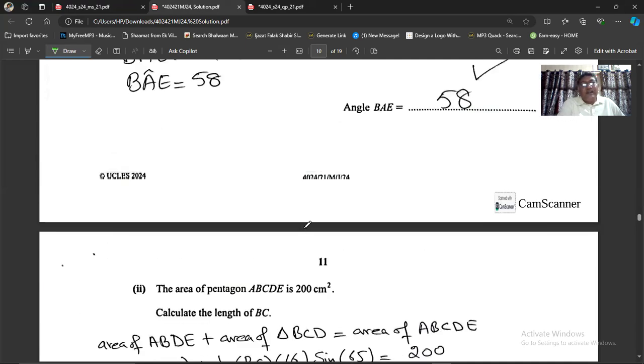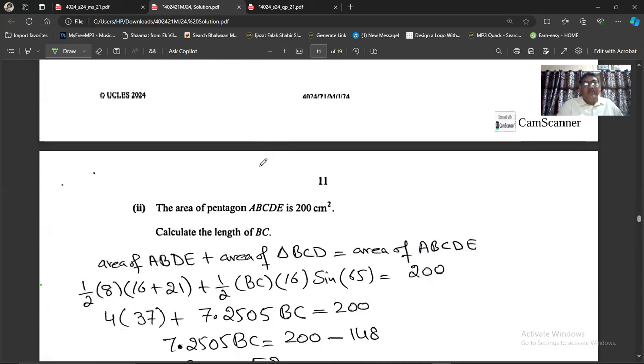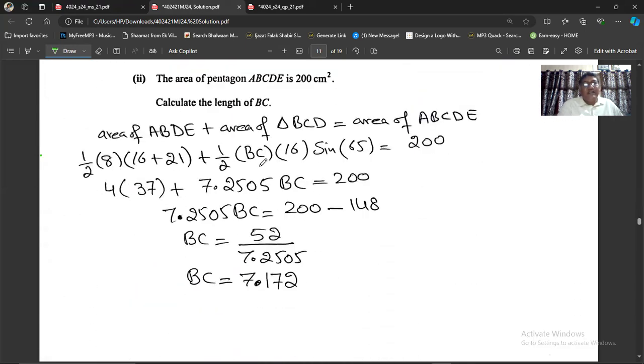Because if you look here, I want to find out this BC side. This is the included angle and this side is 16. So this is how this is done. I want to find out that BC side. So this will be 4 into 37 plus 7.2505 BC. What I have done: 16 multiplied by sine 65, divided by 2, and that is 7.2505 BC, and that is equal to 200.